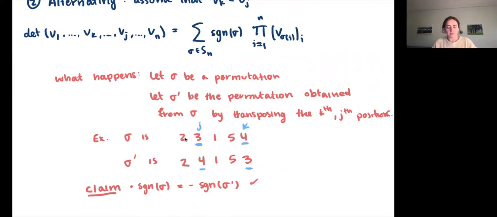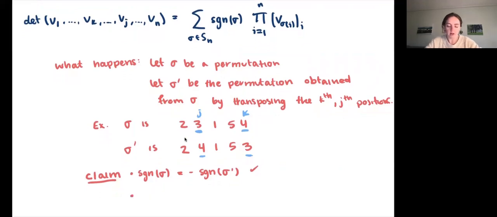My second claim is that this part of the determinant corresponding to sigma and sigma prime is equal. So how would I write that?